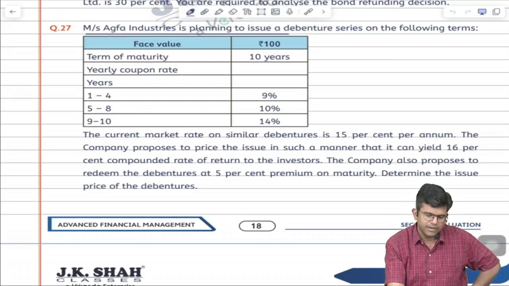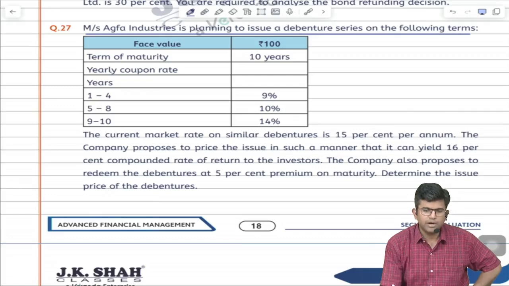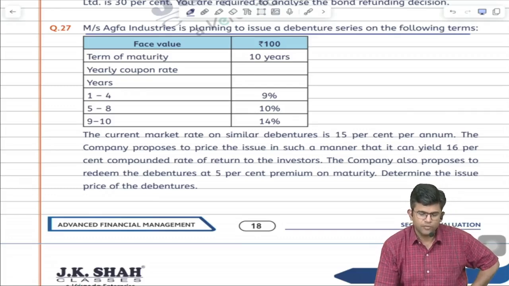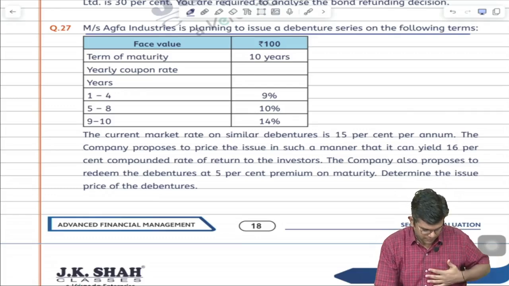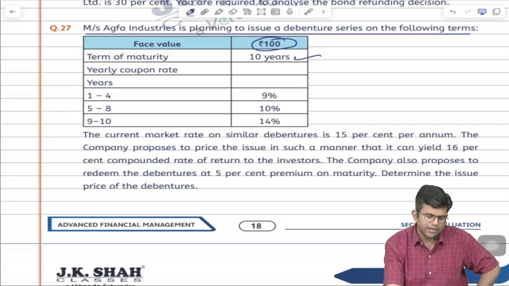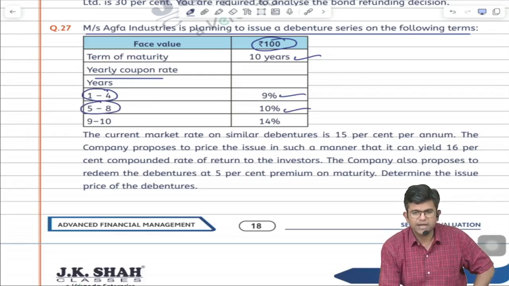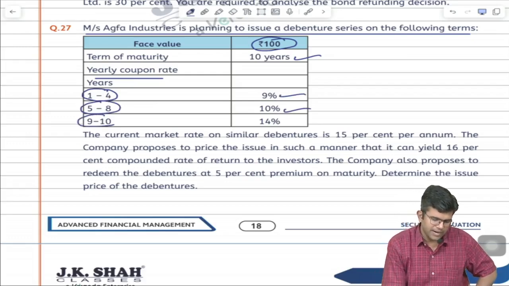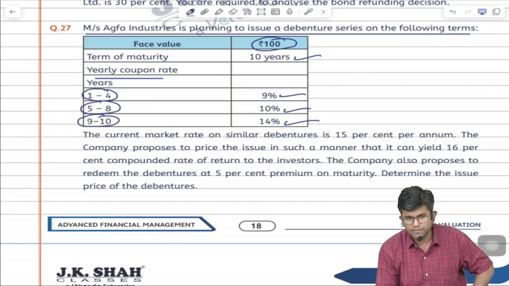This company is planning to issue a debenture series on the following terms. Face value 100, 10 years life. Now, yearly coupon rate, what they are saying? They are saying for first 4 years, 9% per annum. Next 4 years, 10% per annum. Last 2 years, 14% per annum.